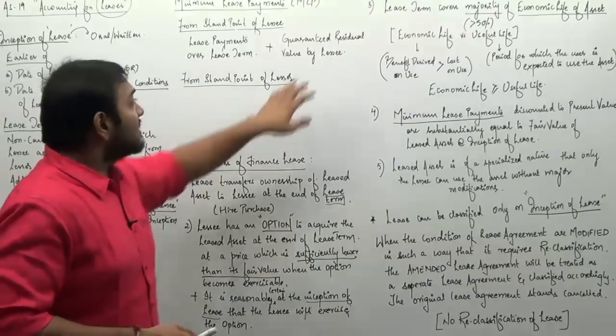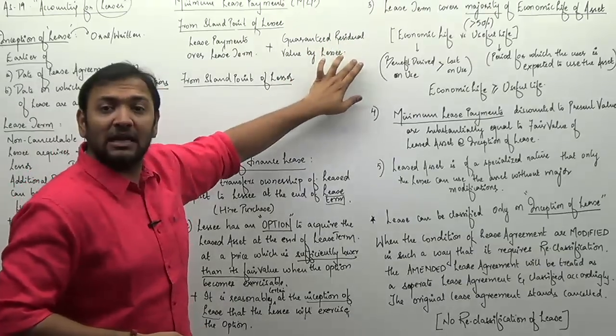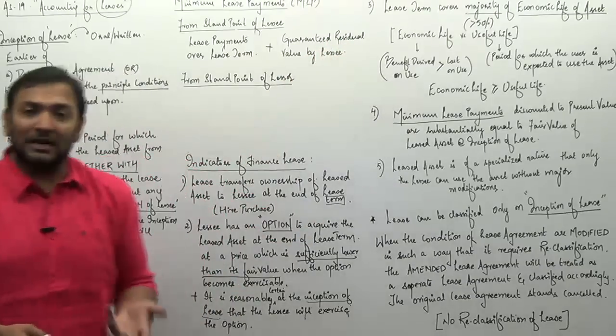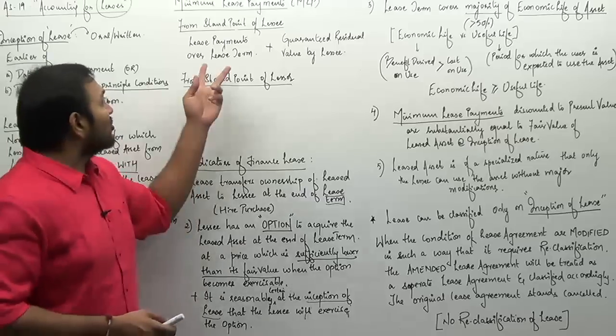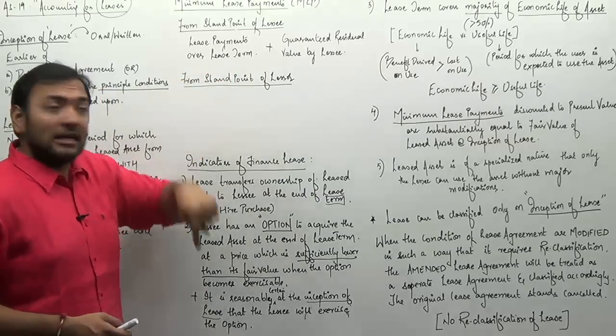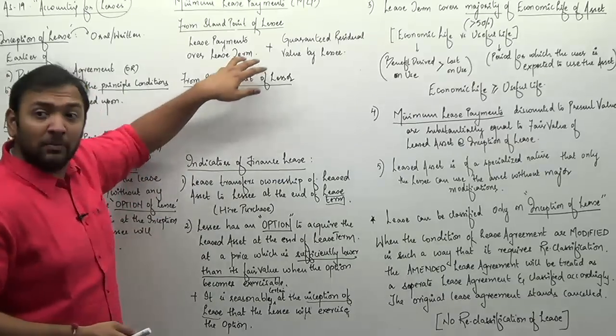Now, understand guys, whenever a guarantee is given by the lessee, he is also supposed to make the payment towards the end of the lease term. So, what is he paying? He is paying lease payment over the lease term.